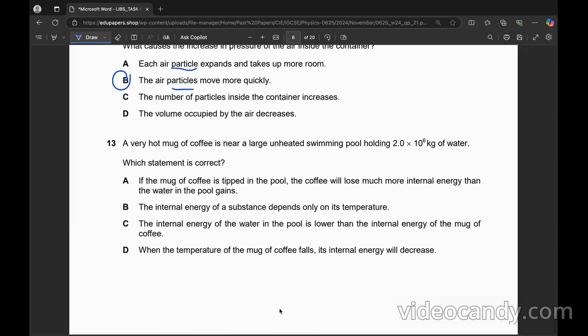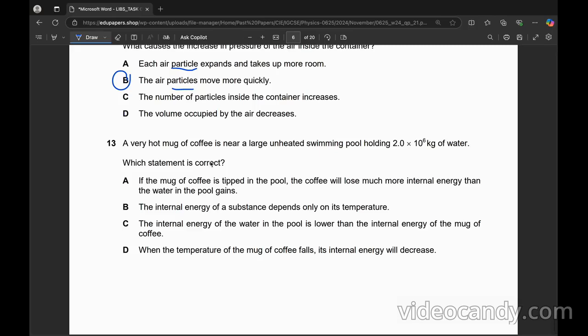Number 13. A very hot mug of coffee is near a large and heated swimming pool holding 2.0 × 10⁶ kilograms of water. Which statement is correct? A: if the mug of coffee is tipped in the pool, the coffee will lose much more internal energy than the water in the pool gains.